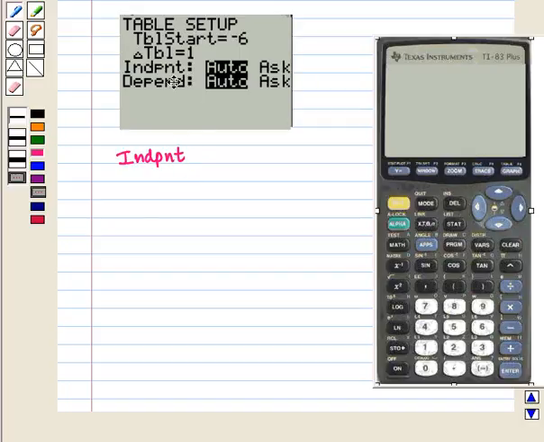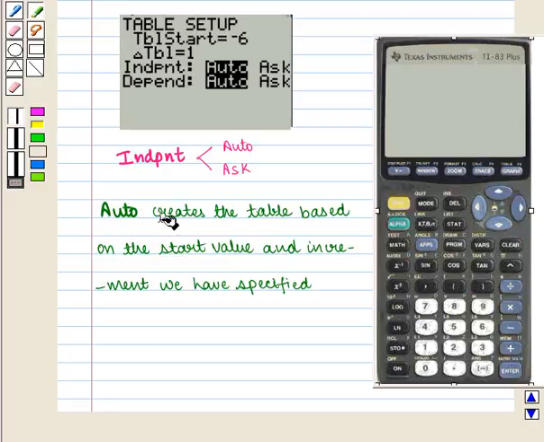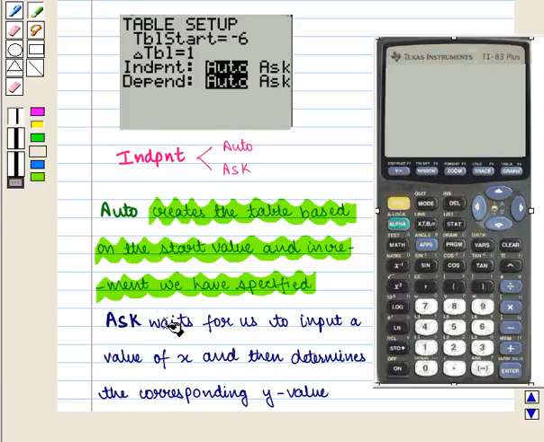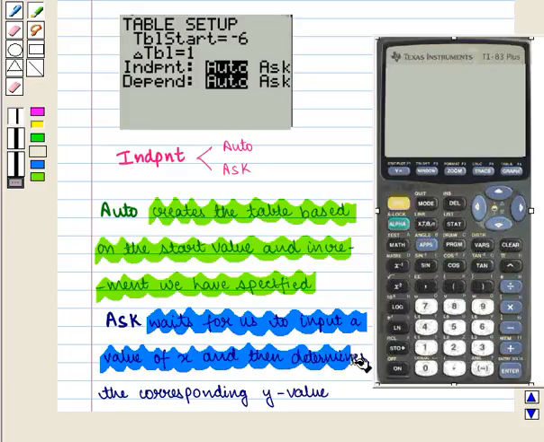Next independent is given, followed by auto and ask. Auto creates the table based on the start value and increment we have specified, and ask waits for us to input a value of x and then determines the corresponding y value.